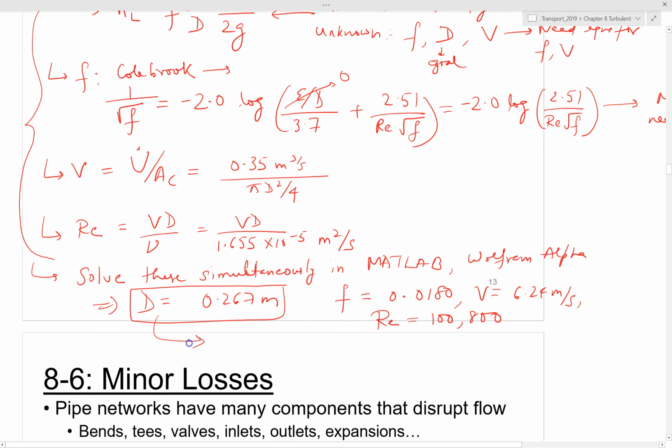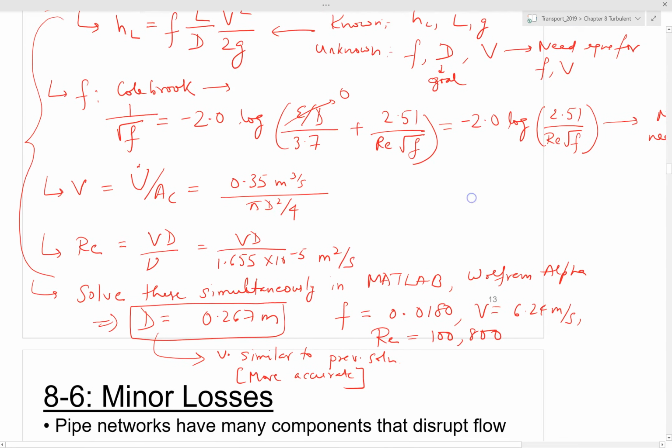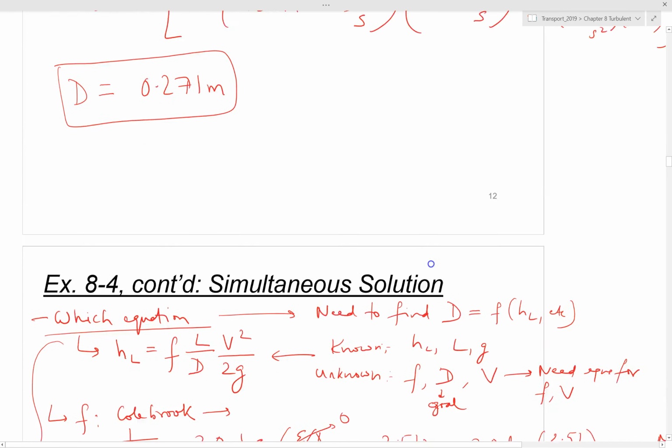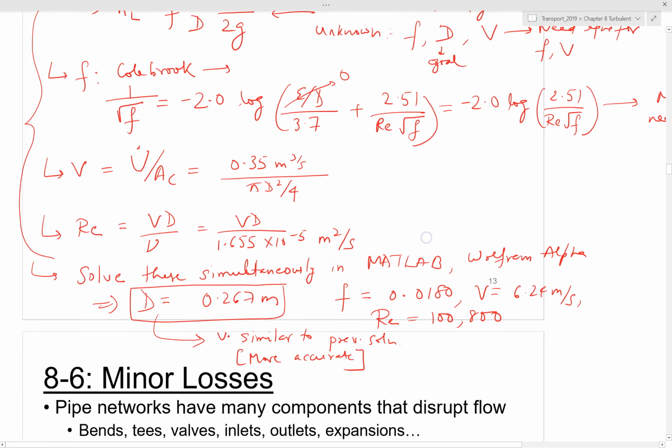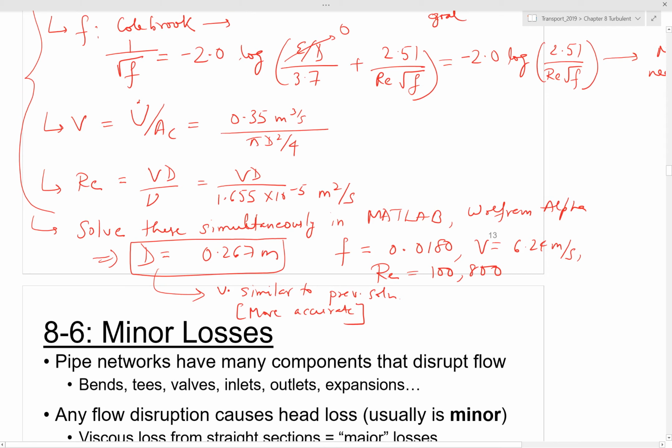Now, what is the advantage of this route? It is very similar to your previous solution. However, this is more accurate. I personally prefer this route because it is based on analytical expressions rather than relying on someone else's empirical formulation. But it's your choice. You can go this tedious route, or you can simply plug and play using the Swamee-Jain formula.